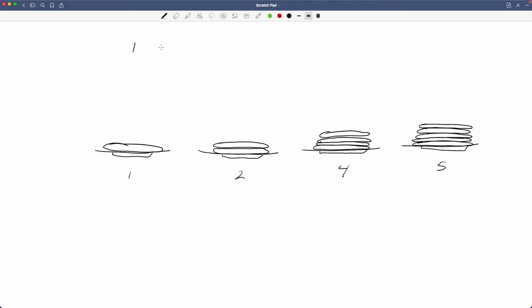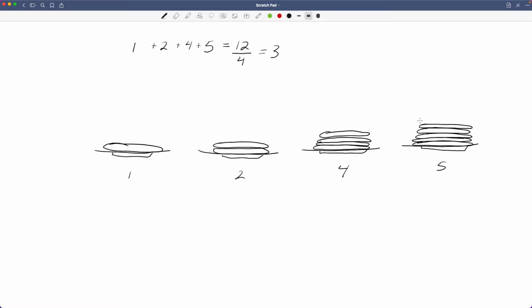I said 1 plus 2 plus 4 plus 5, and that came out to be 12. So then I said, okay, I have 1, 2, 3, 4 plates. We divide that by 4 and see how many pancakes everybody gets. 12 divided by 4 is 3.